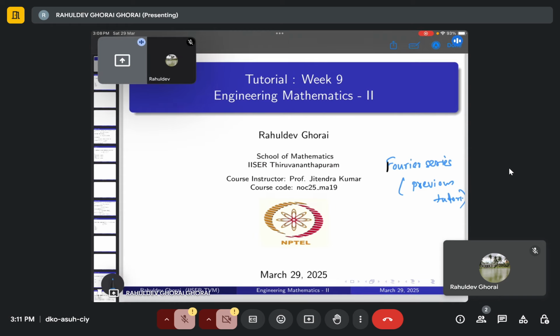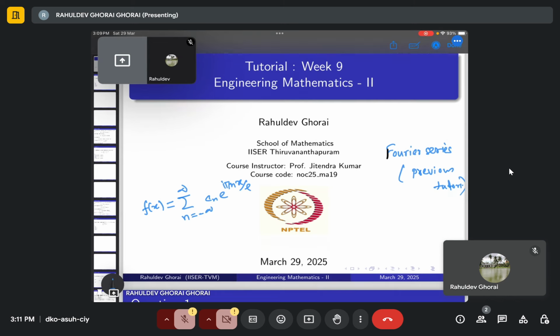If you write the complex form of the Fourier series, one can write a periodic function as the sum of Cn e to the power i pi n x over L, with Cn given by 1 over 2L, integral from minus L to L of f(x) e to the power minus i pi n x over L, right?